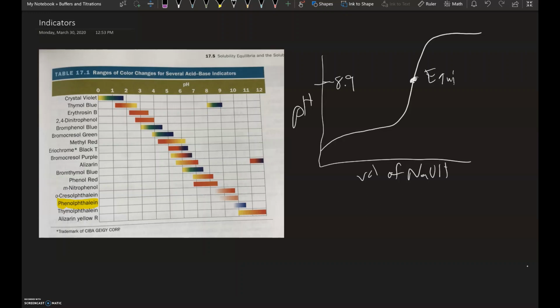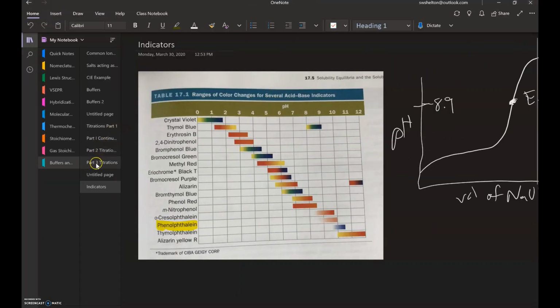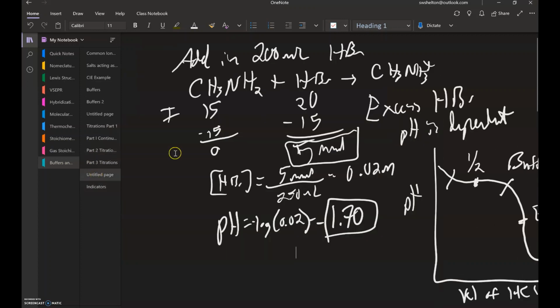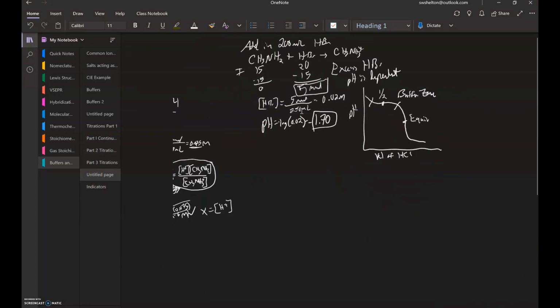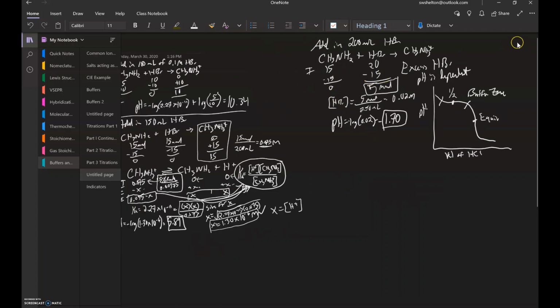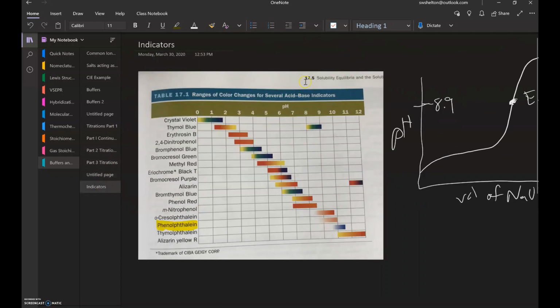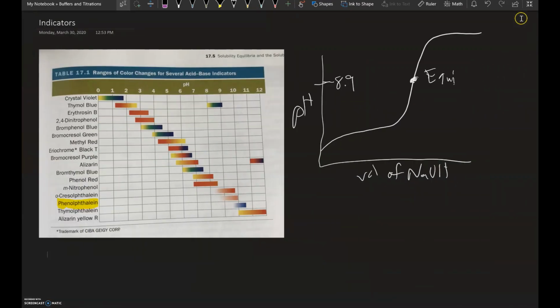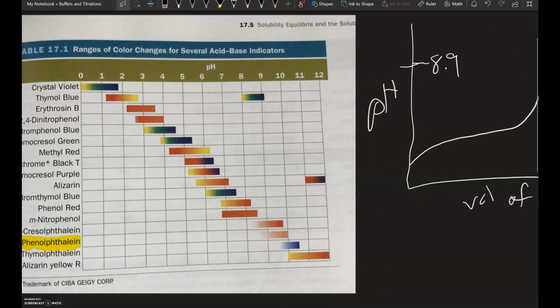If your equivalence point happened to be, what did we say we used? Let's go back and look at the previous example we worked with here. So the equivalence point for this particular problem was 5.89. So let's go to the chart here and let's look at what 5.89 would be.